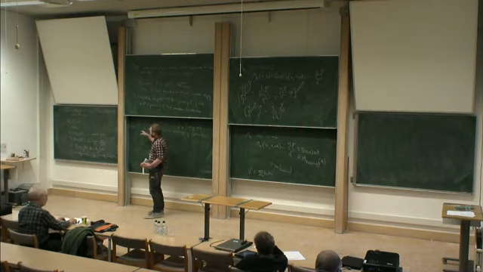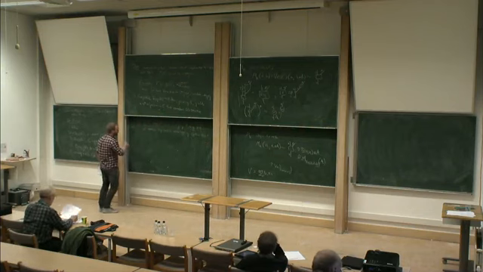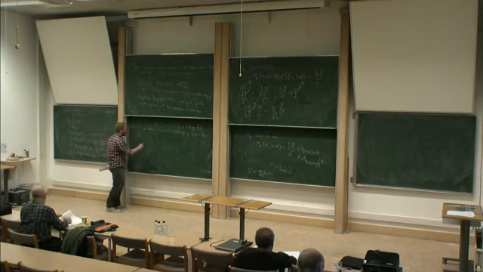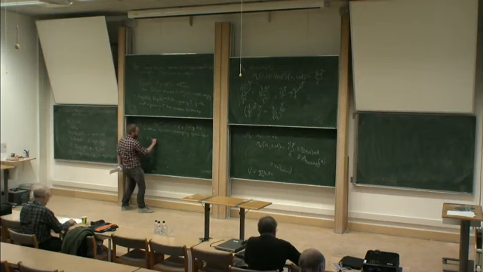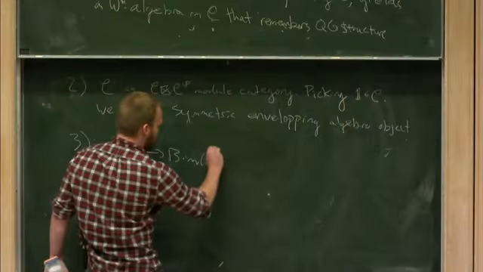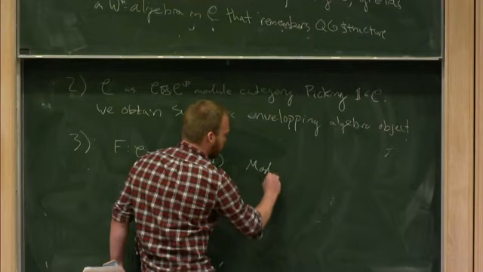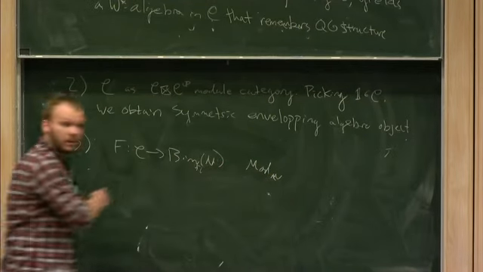And here's another nice example. Let's see, and I'm about out of time. If F sends C into Bim of N, I can make the right N-modules into a C module category.